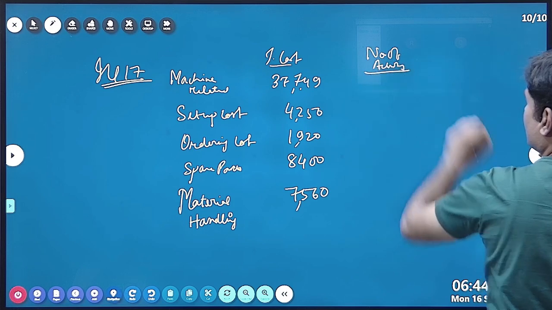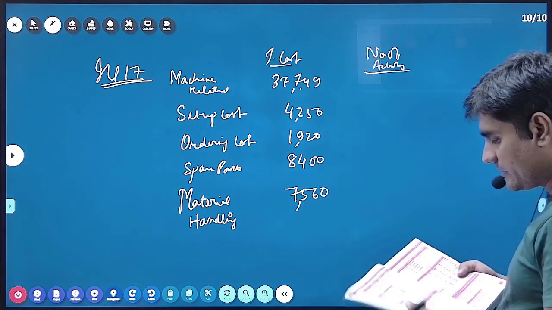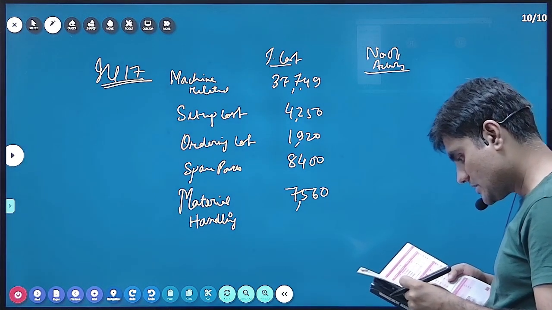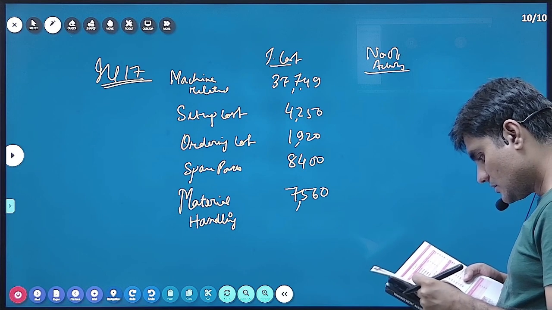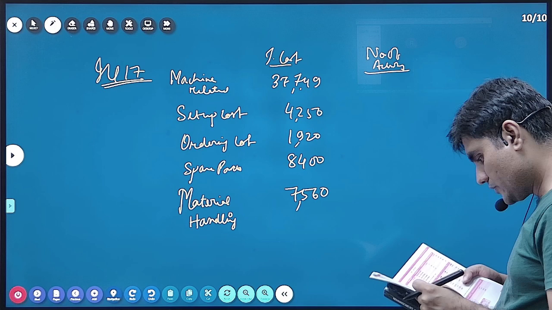Number of activities. For machine related, the number of activities is 1, 2, 3.